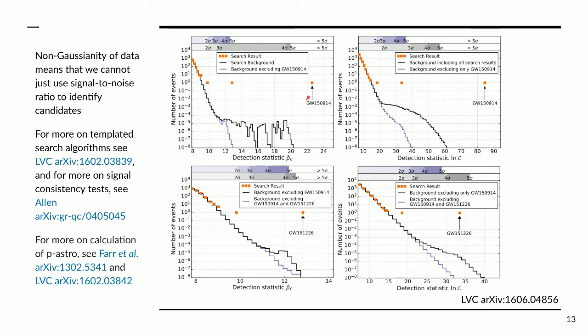So what we can do is subtract out the real signal. Having identified the real signal, let's just zero out that little bit of data and then repeat our search results. And then we get this new background that's shown in purple, so excluding this here. So when you do this, this tail just drops off.